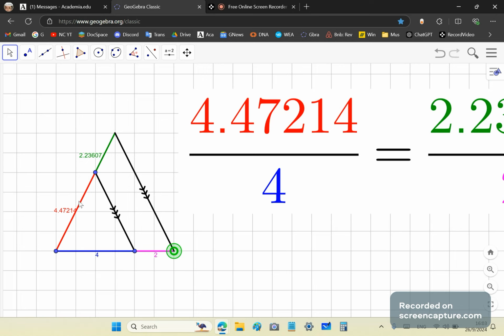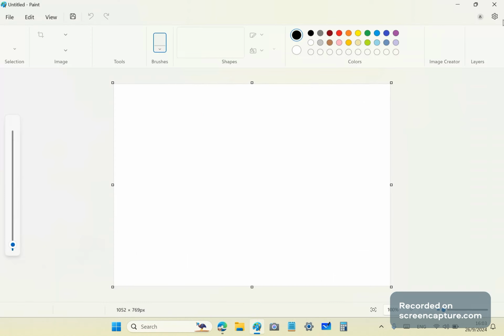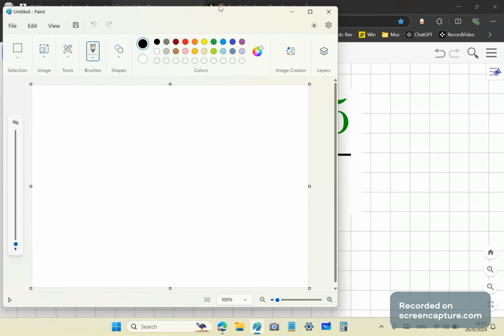Now, whilst these are ratios of line segments, in other words, this red line segment has a ratio to the blue line segment, let's just do that quickly so you can get an idea.